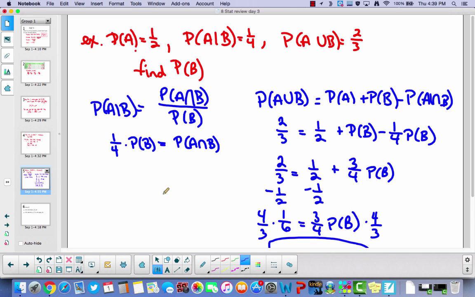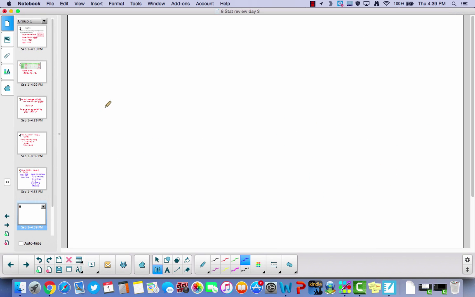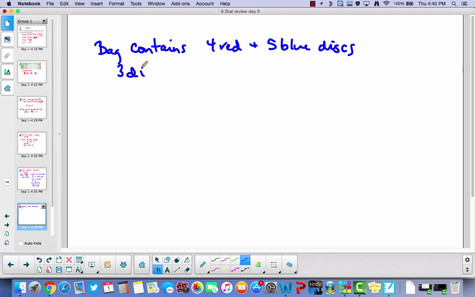All right, let's look at one last example. It's a tree diagram. All right, we've got that a bag contains 4 red and 5 blue discs. 3 discs are chosen without replacement.